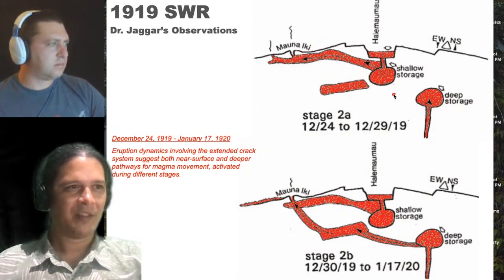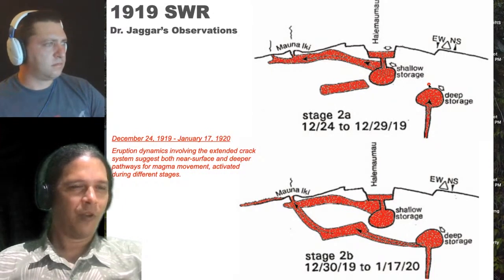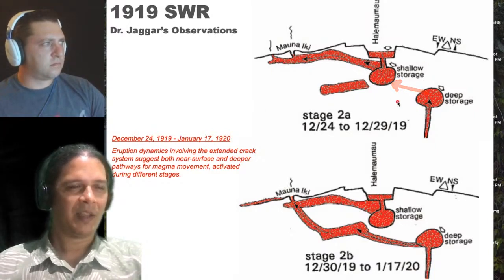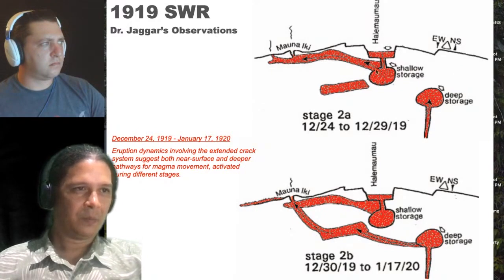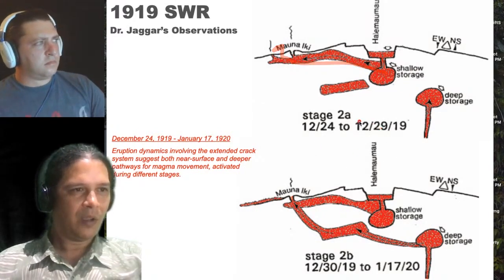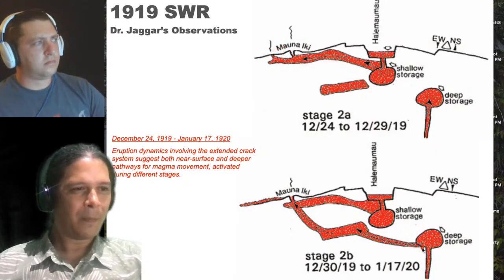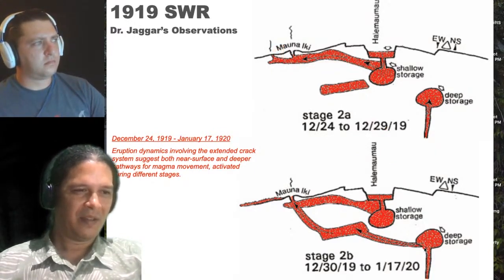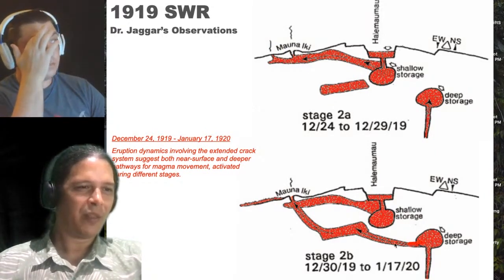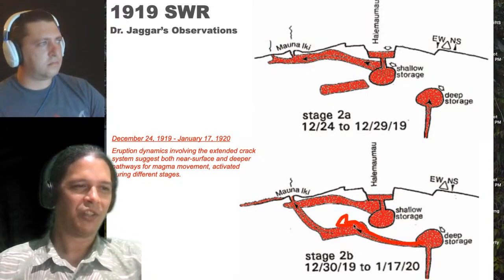So you can see here that during stage 2A, there's no evidence of influx of magma into the deep storage, right? It seems stable there, steady there. And shallow storage feeding the eruption. And then at some point, after not even a week, they see the magma bypassing the shallow storage area, moving through that crack next to the shallow storage area, and then coming up and out that way.